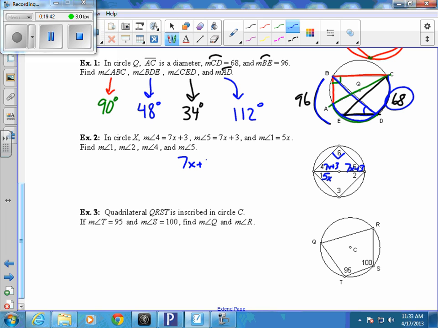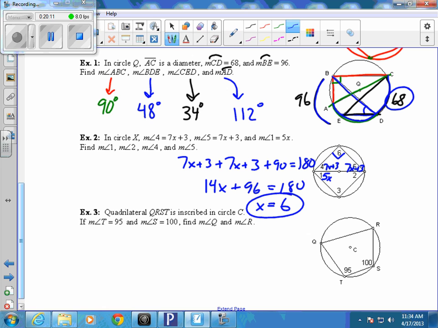So 7x plus 3 plus 7x plus 3 plus 90 is 180. Combine your like terms: you've got 14x, and 3, 3, and 90 makes 96. Solve that equation: 180 minus 96 is 84, divided by 14. You should get x is 6.